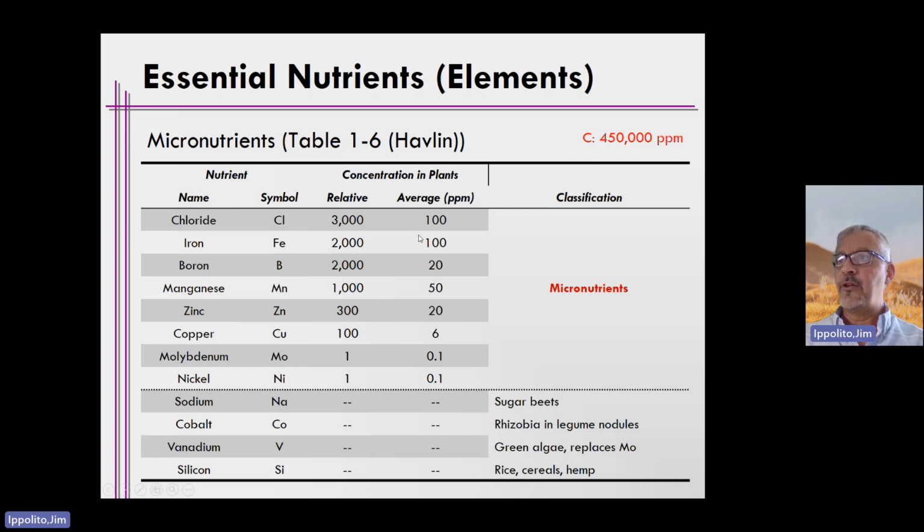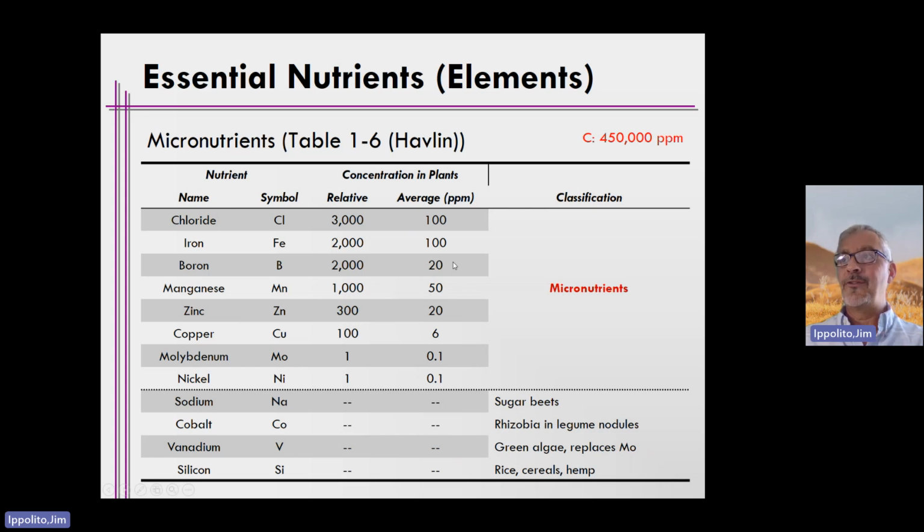If we were to express this on a percentage basis, it would be 0.01%, which just sounds goofy. And in fact, if you went down to molybdenum and nickel, which are necessary for plant growth, these values on a percentage basis are very, very small. So it's more simple to express these on a parts per million basis.